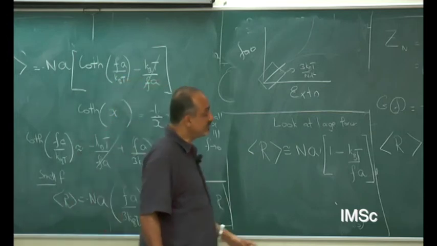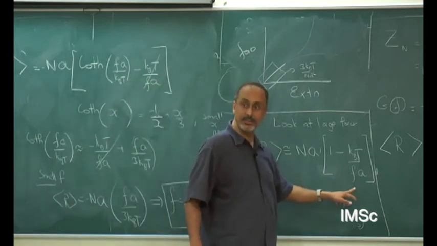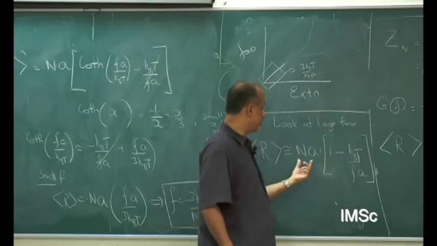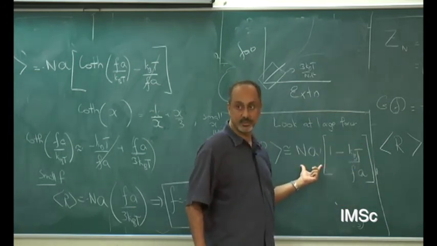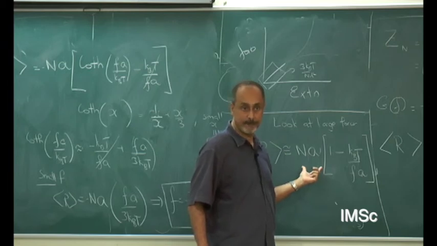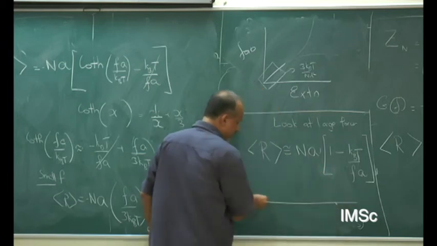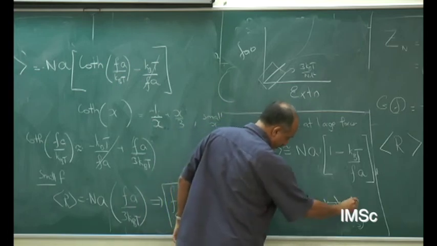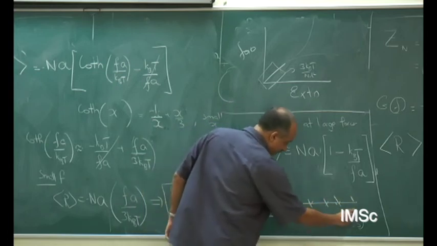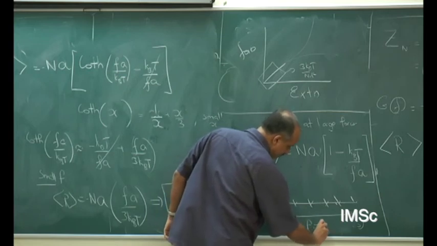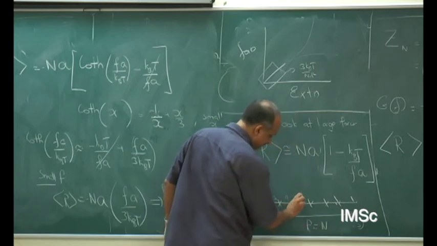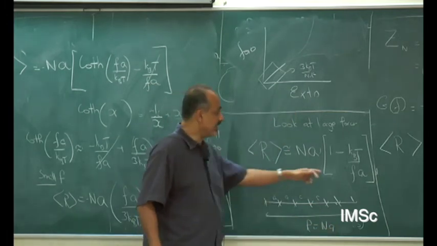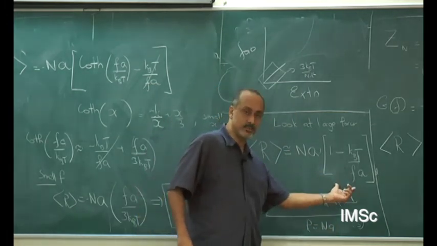Notice that only when the force is infinite does this term vanish altogether, and R reaches the maximum extension that is possible, which is N times a. That means that this is now completely stretched. And the distance between here and here, which is R, is just the number of units times the size of each unit, N times a. Anywhere less than that, this quantity is a little less than 1.